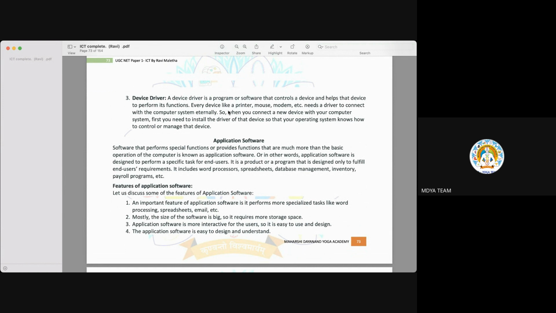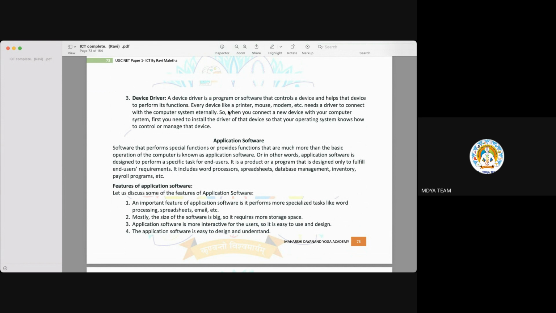So when you connect a new device with your computer system, first you need to install the driver. It's a set of instructions, so that the operating system knows how to control or manage that particular device.